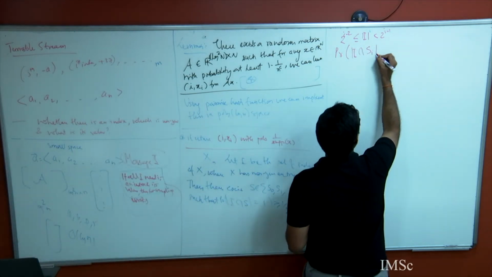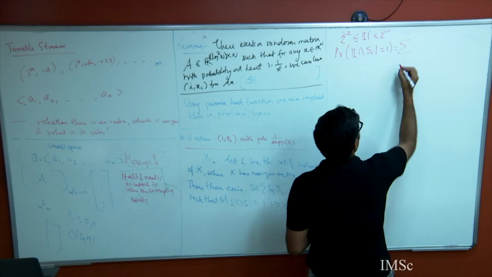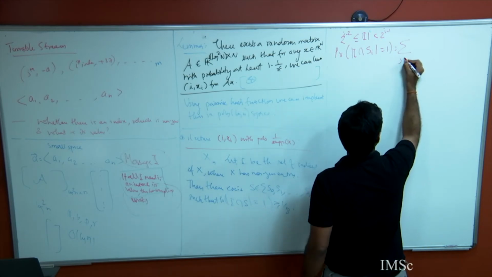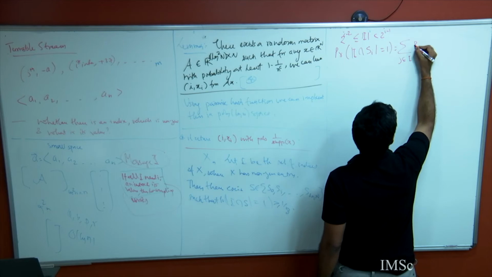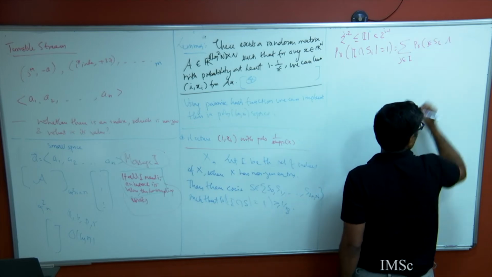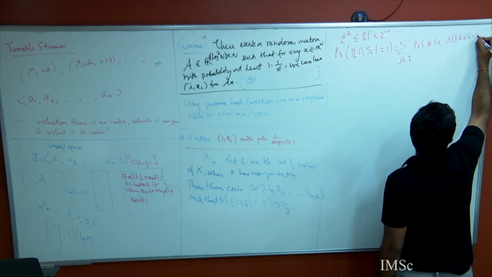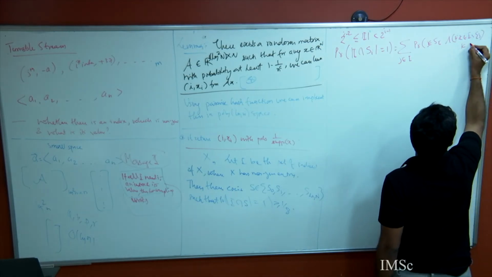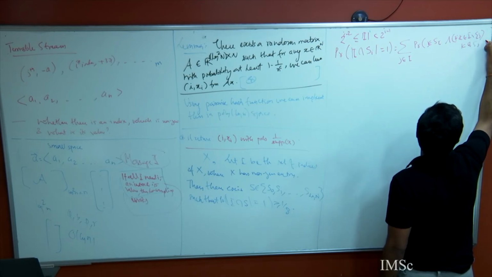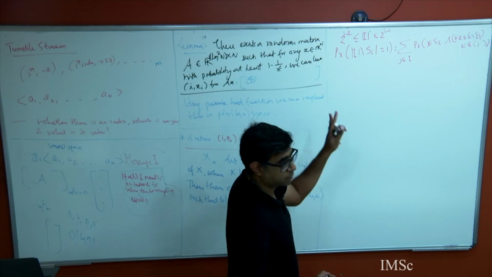The probability that I intersection Si is 1 is nothing but the summation over j in I of the probability that j is in Si, and for all k in I minus j, k is not in Si. Okay, this is what we proved. All right, we took the sum over this.